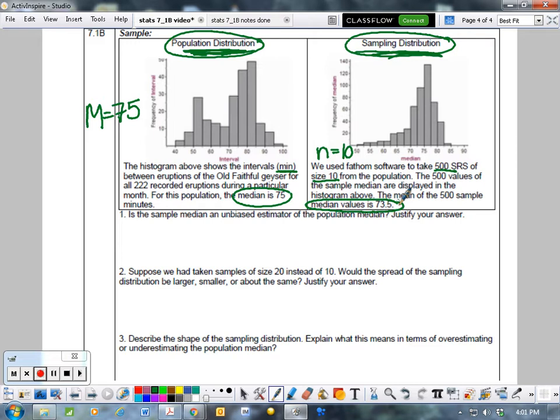So the question now is: is the sample median an unbiased estimator of the population median? Unbiased means that these two should be the same.